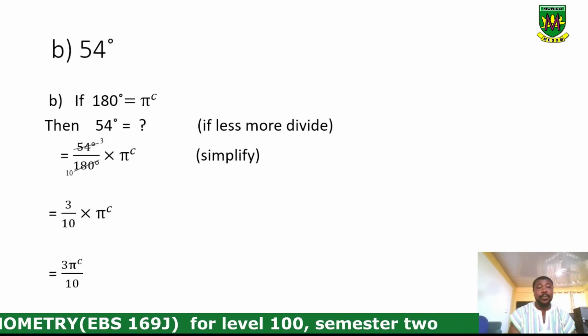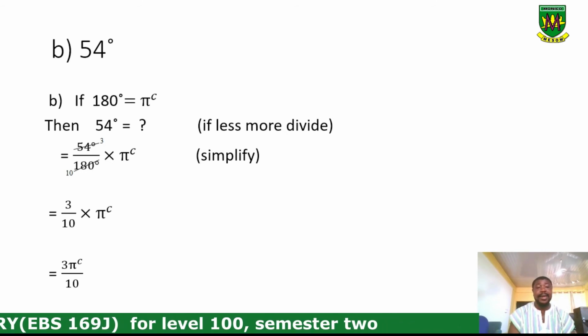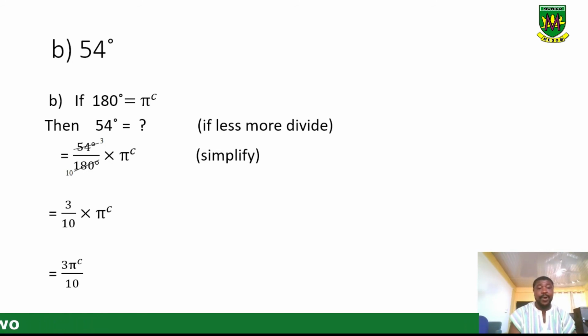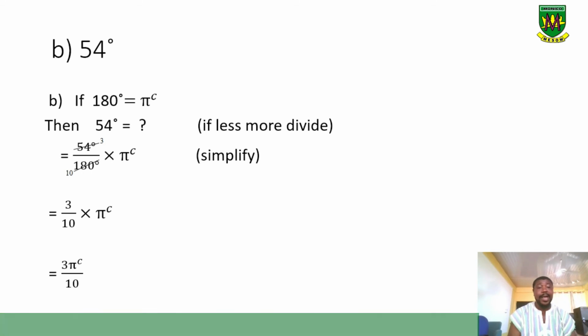The next example, B. If 180 degrees is also equal to pi radians, then if you want to change 54 degrees to pi radians, then we also say if less, more, divide. Therefore, we have 54 degrees divided by 180 degrees times pi radians.